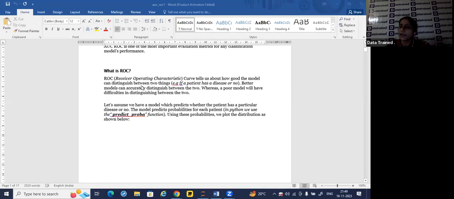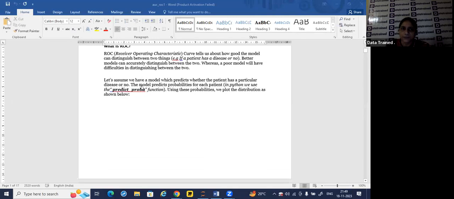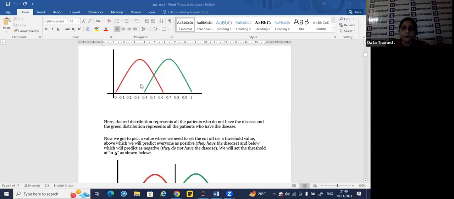So here we have a function, the predict proba function. With it, we can get the values of sensitivity and specificity, which help us draw the AUC ROC curves here. Basically, it is showing you the distinction here.